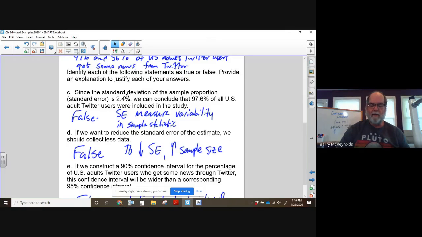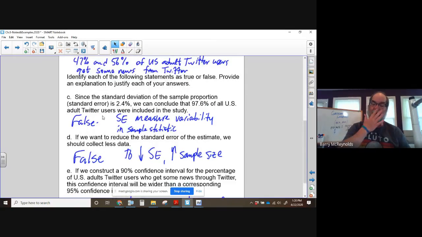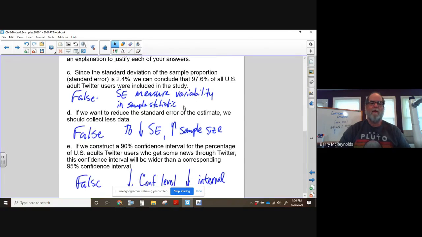In our second example, there is a way for us to figure, if we know what the margin of error is, we can take this value and calculate an n, but the standard error does not tell us directly the number of people contained in the sample.